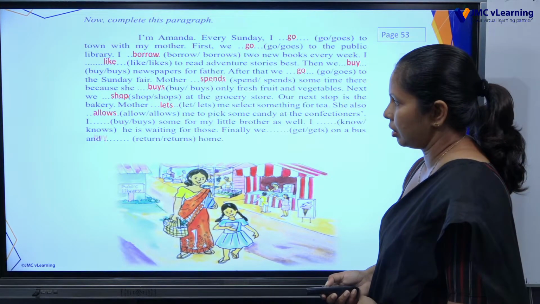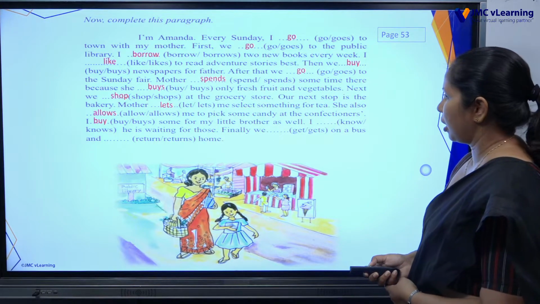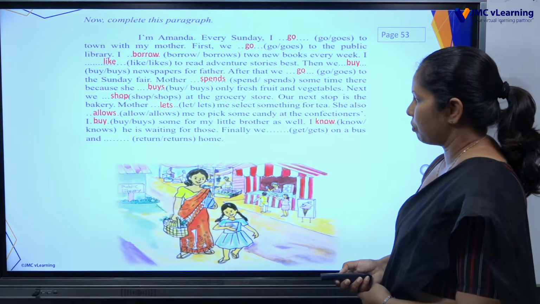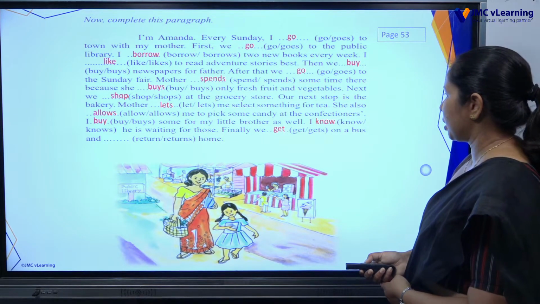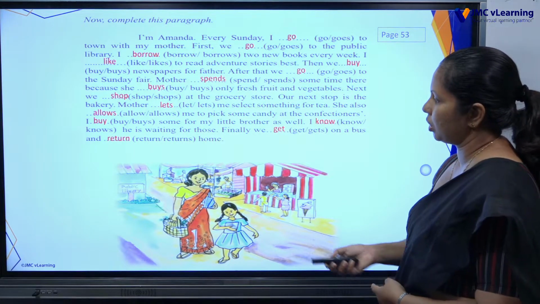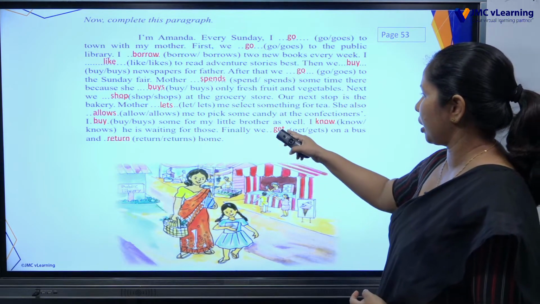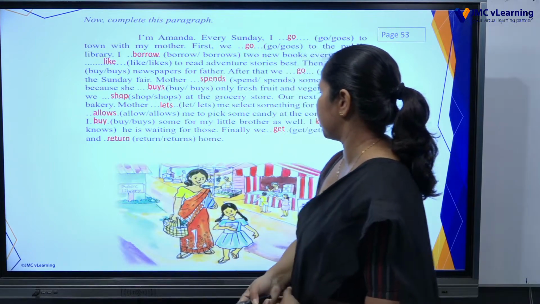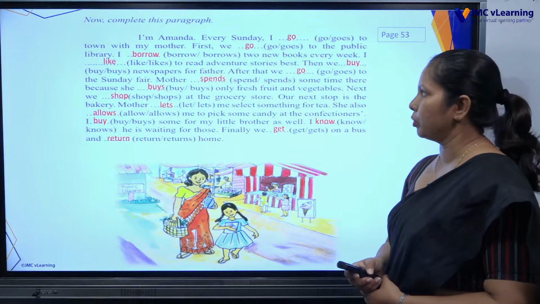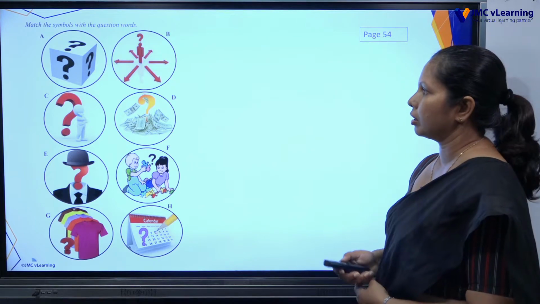I buy some for my little brother as well. I know he is waiting for those. Finally, we get on a bus and return home. So here the subject is in the plural form, we. So here we take get and return. You too can complete this in your books.